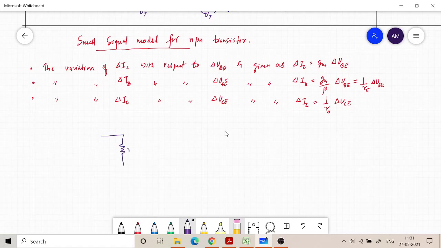So this is your R pi, and then you have basically GM. The variation of current was basically delta I, and that delta I is GM into the voltage here, which is GM into VBE.